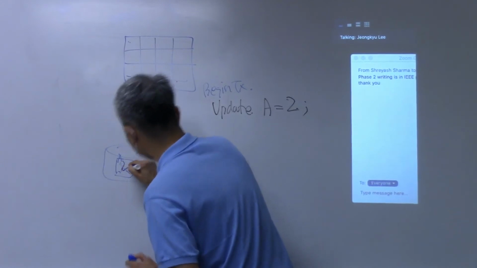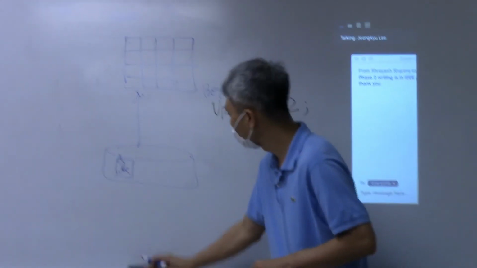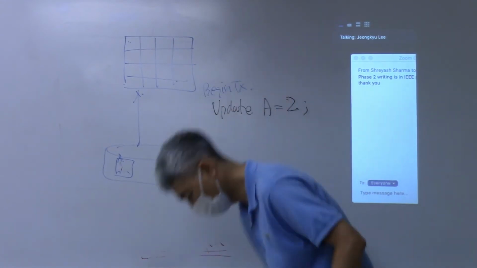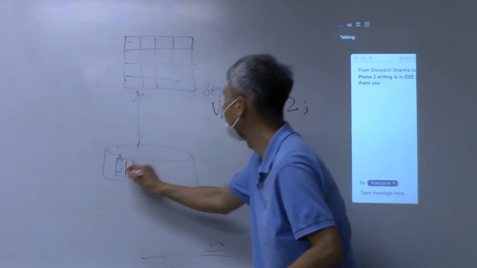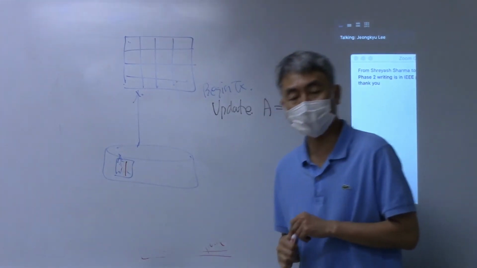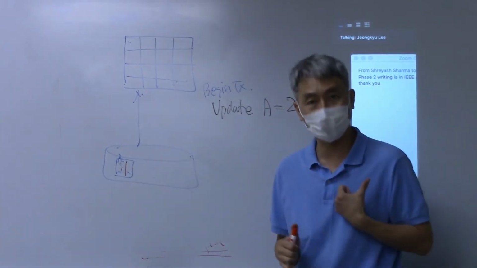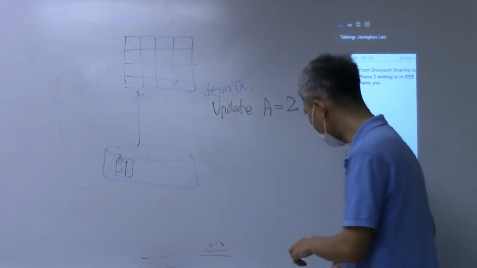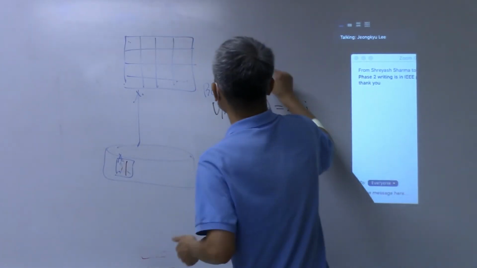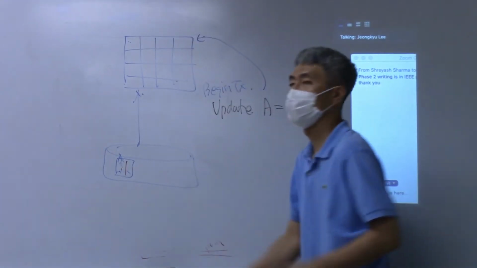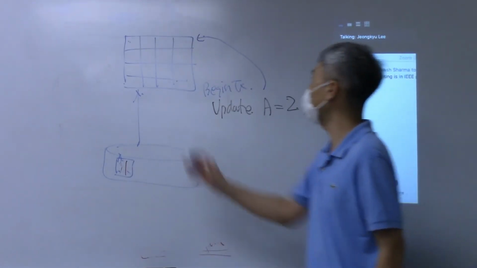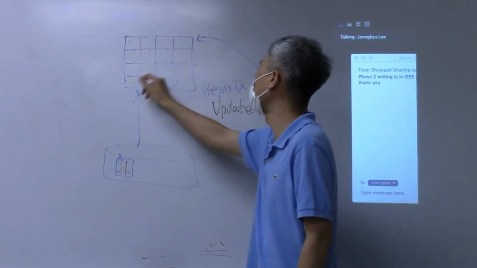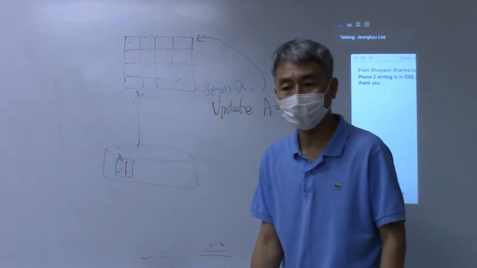For any update or change, first you need to read the data. Read data A. So first, your DBMS looks up the buffer, whether A exists or not. There's no A. Okay? What happened?